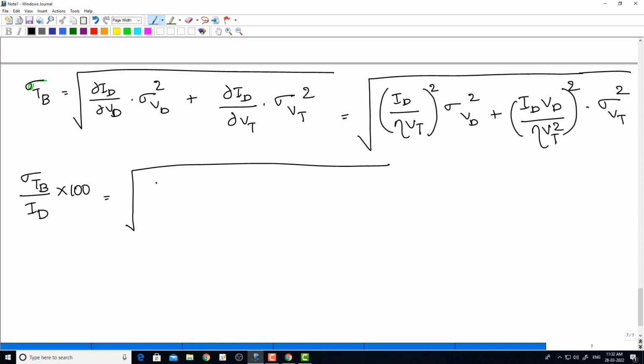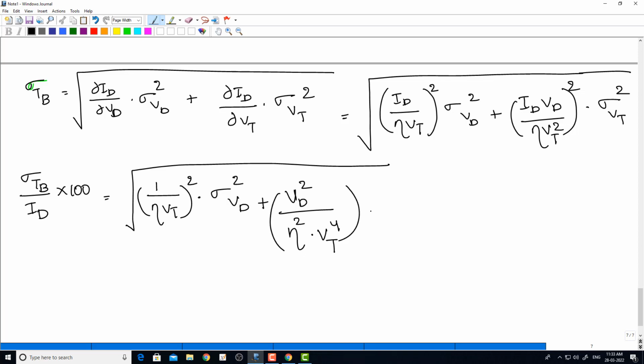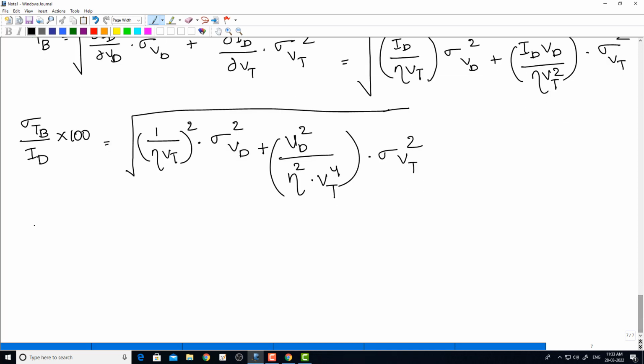So 1 by eta Vt whole square into sigma Vd square, plus Vd square divided by eta square into Vt to the power of 4, into sigma Vt square. So we need to substitute the values.